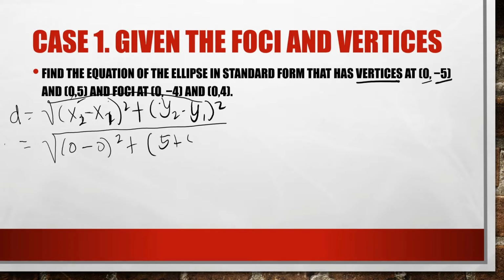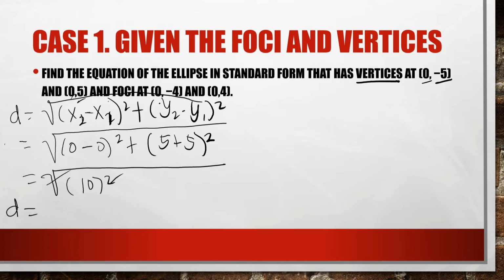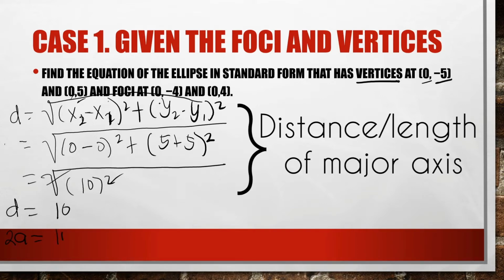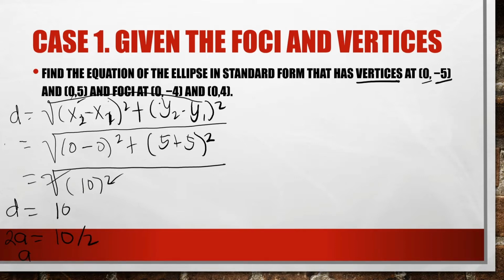So, plus 5. So, magiging 5 plus 5 squared is equal to 10 squared. So, cancel natin ito. So, yung distance ng major axis is 10. So, ito yung 2a equals 10. And then, para mahanap natin yung a, divide lang natin ito by 2. So, a is equal to 5.